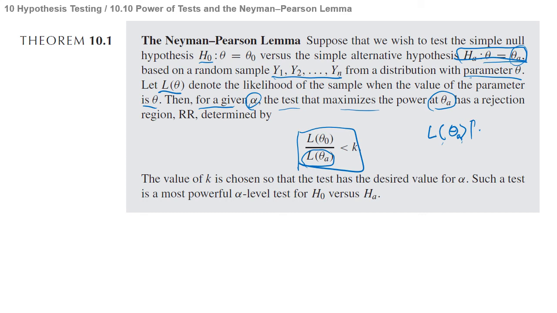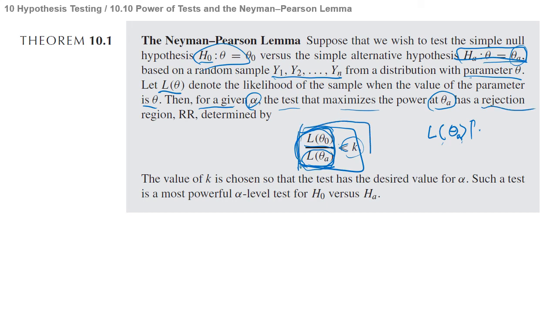Then if L(theta A) is larger, this ratio would be smaller. So if this is small enough, it would be evidence for rejecting the null. So from the likelihood perspective, if the likelihood at theta 0 divided by the likelihood at theta A is small enough, we will reject the null hypothesis.